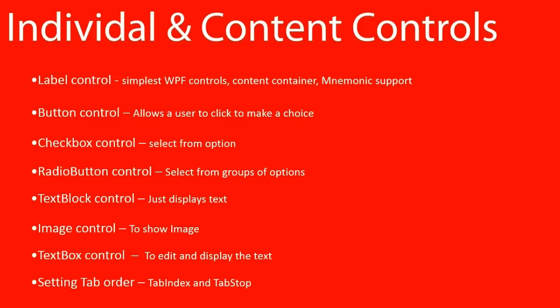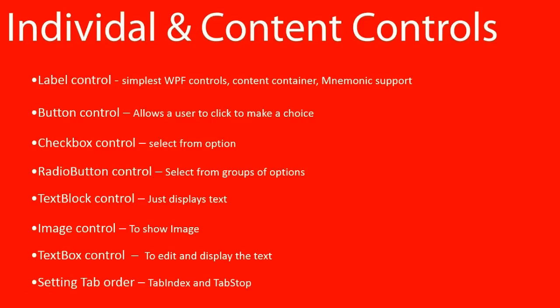Now it's time to explain the individual and content control types. I don't think I need to explain these controls because you must have seen them, used them and played around with them. The first control is the label control.